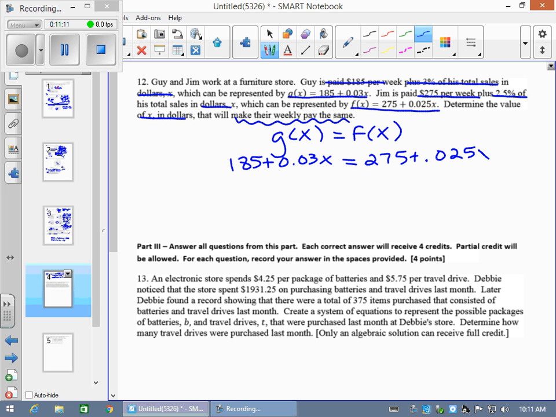So I'm going to start by subtracting my X term. And when I subtract here, I get negative 0.005X. Subtract my 275.